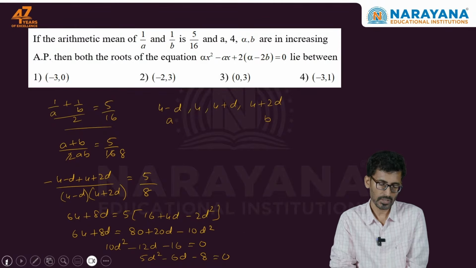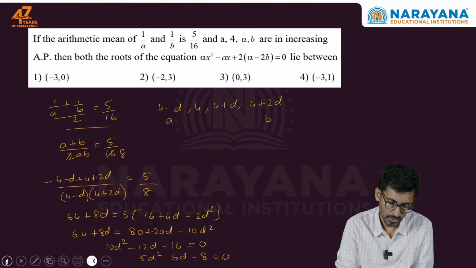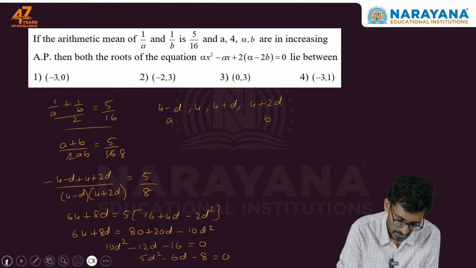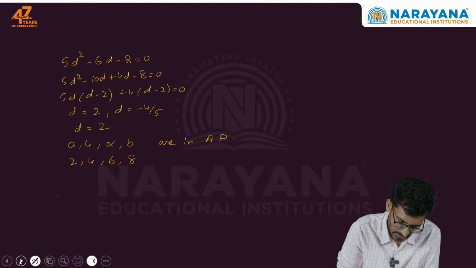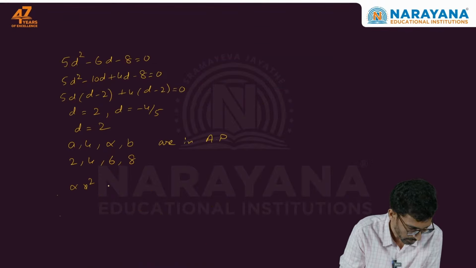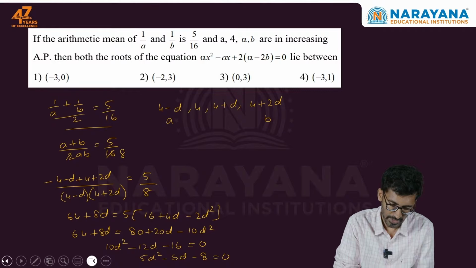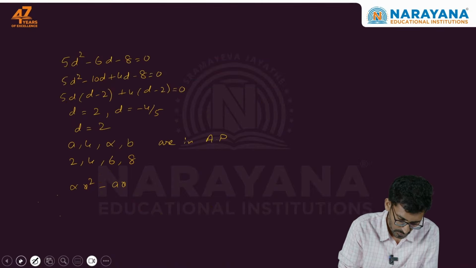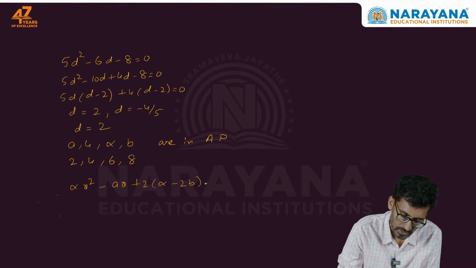Here they have given the equation alpha x square minus ax plus 2 into (alpha minus 2b) is equal to 0.